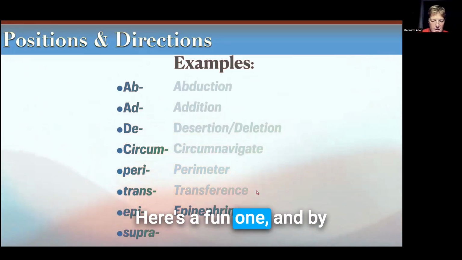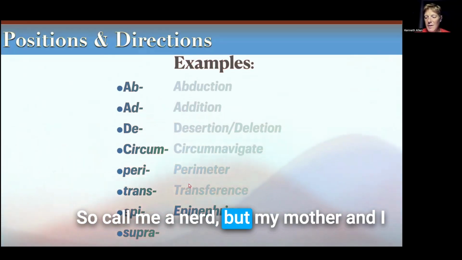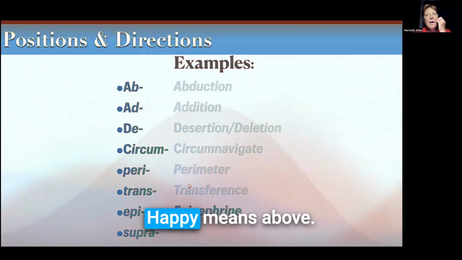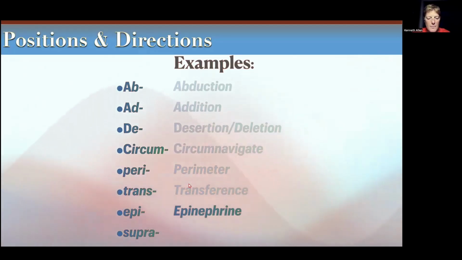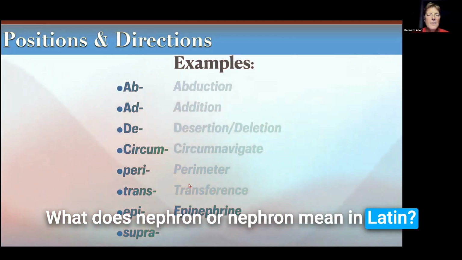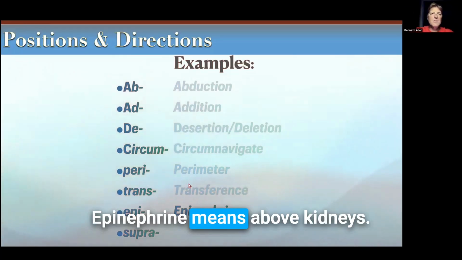Here's a fun one. And by the way, I do find these fun, so call me a nerd, but my mother and I would go through these when I was a kid. Epi means above. What does nephron mean in Latin? That's kidneys. Nephron means kidneys.